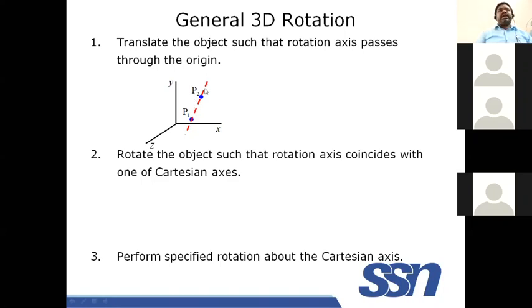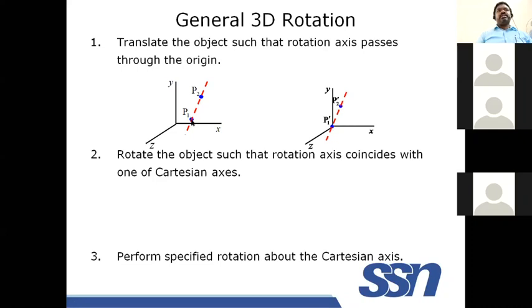Now, this is the axis of the solid. Its orientation can be any orientation. Arbitrarily, it has been generated in the X, Y, Z Cartesian coordinate system. The first step is to make any one point of the axis coincide with the origin. In this case, this is my axis, and this is an arbitrary point on the axis.